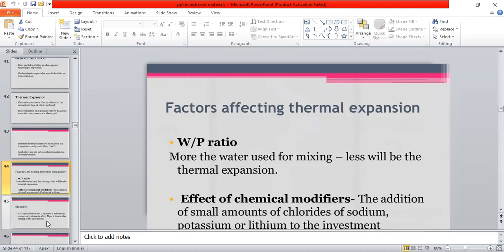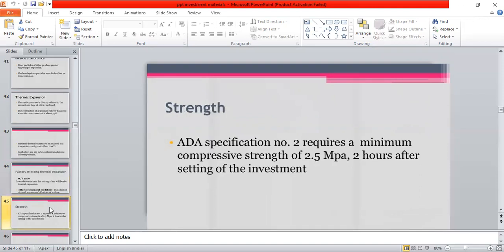Another factor which affects the thermal expansion is the effect of chemical modifiers. The addition of a small amount of the chloride of sodium, potassium and lithium to the investment affects the thermal expansion.